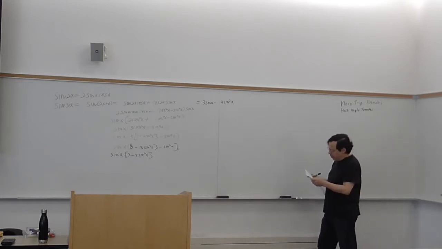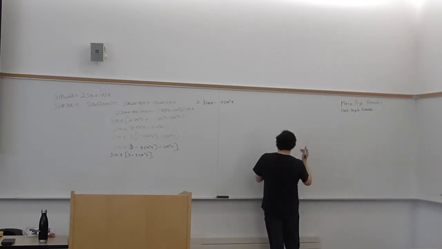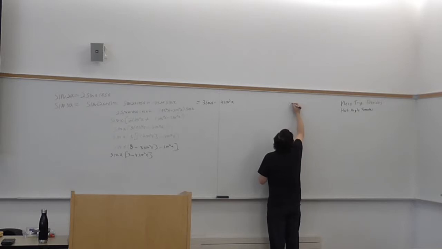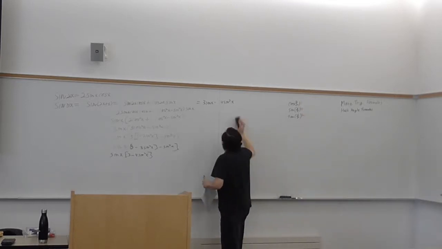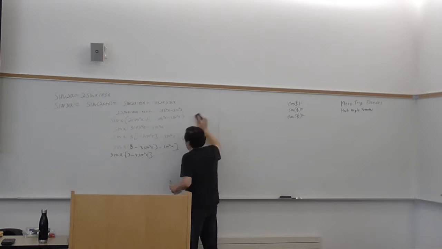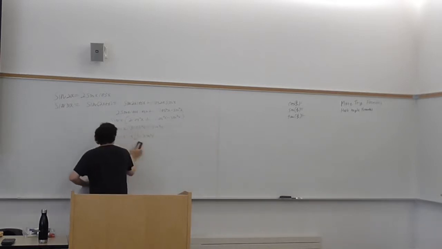So what we want to do is come up with some formulas for cosine of x over 2, sine of x over 2, and tangent of x over 2. But we're going to start with something we already know.